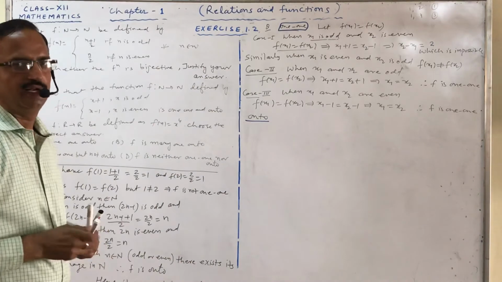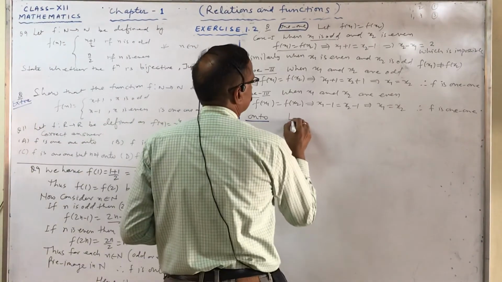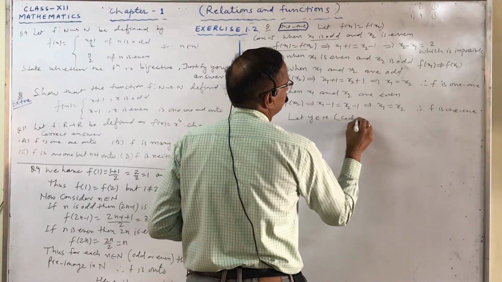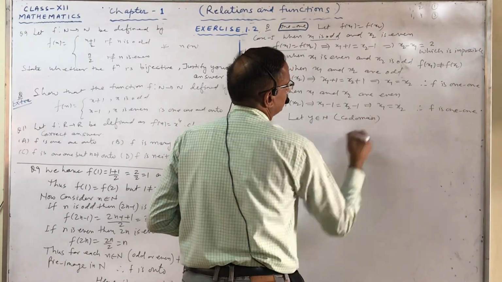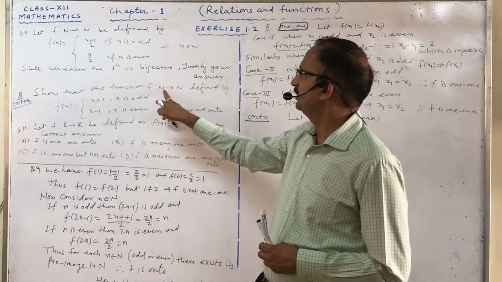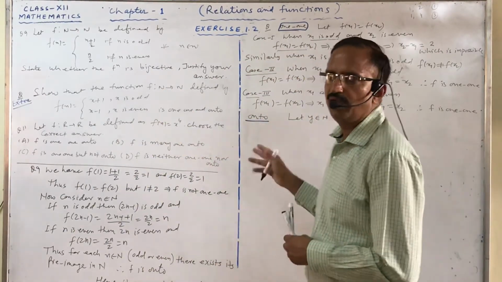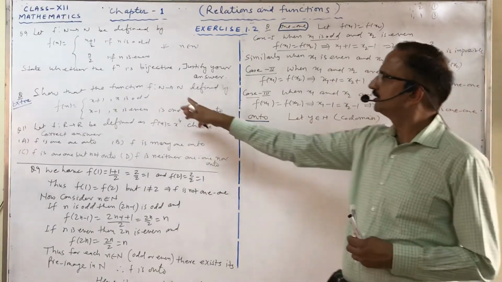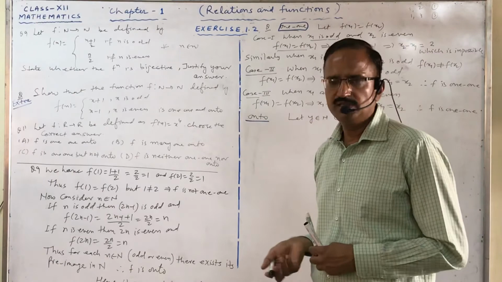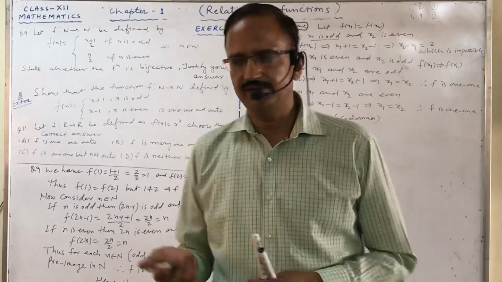Let y belong to N, means codomain. This is codomain, this is domain. Now let y belong to this codomain. In this also we will consider two cases, one for odd, one for even.